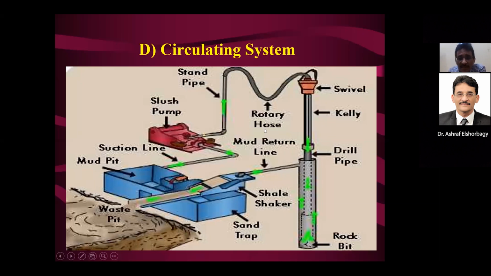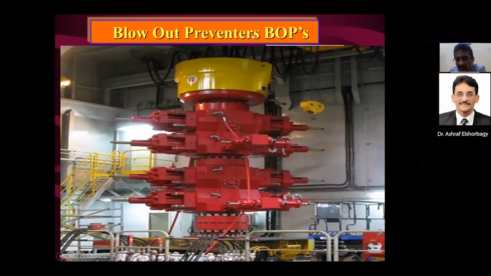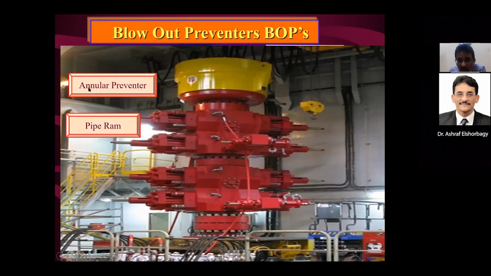The last system, which is one of the rig components, is the blowout preventer, the BOPs. The blowout preventer, as you see here, is fixed at the top, at the wellhead, and the BOP contains what is called the annular preventer, which is rubber, and the pipe ram, which shuts in the well when we have a pipe inside the well.